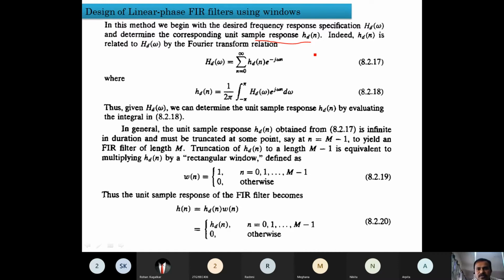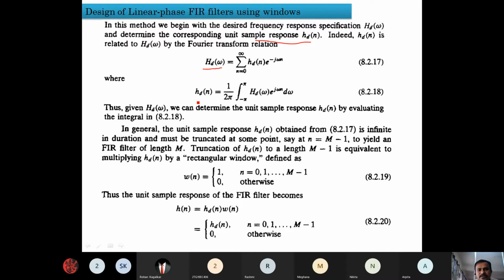The small hd of n is related to capital HD of omega by the Fourier transform relation, or you may say it is a DFT. The capital HD of omega, the desired frequency response, is nothing but the Fourier transform of the sample response of the filter: HD of omega equals the sum from n equal to 0 to infinity of HD of n e to the power minus j omega n.